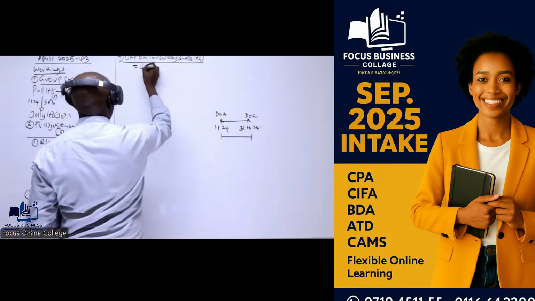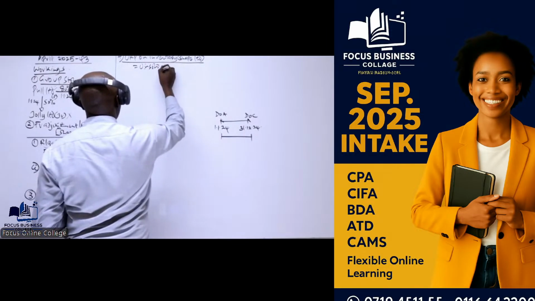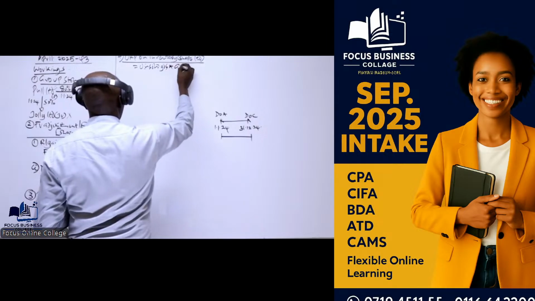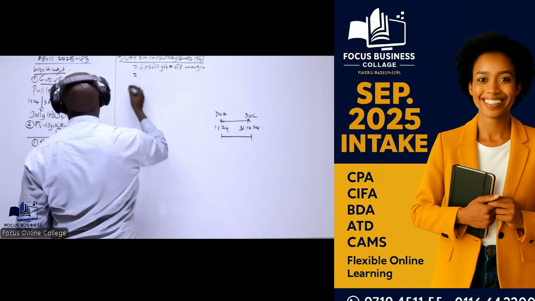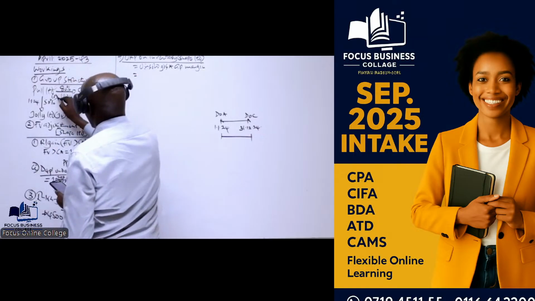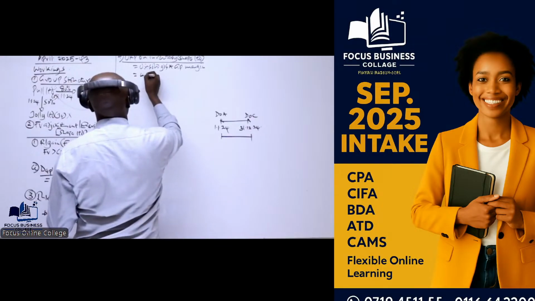So how do we compute this one? We said we take the unsold goods times the gross profit margin. The unsold goods relate to the goods which OE sold to Pool, and I hope you remember the value for those goods, which was 4.5.